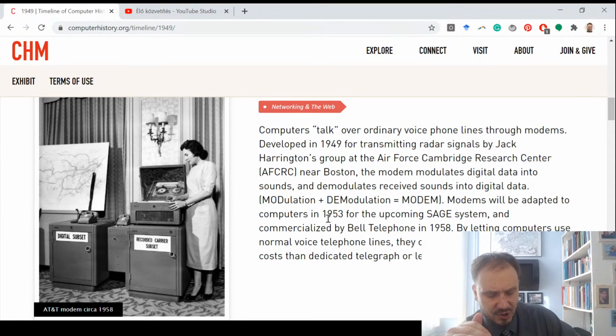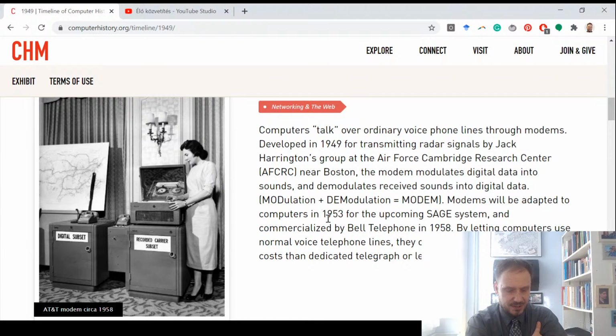So I was just talking about modems. The phrase itself comes from the terms modulation and demodulation, which were somehow summarized. So modems were adapted to computers in the 1950s for the upcoming SAGE system.